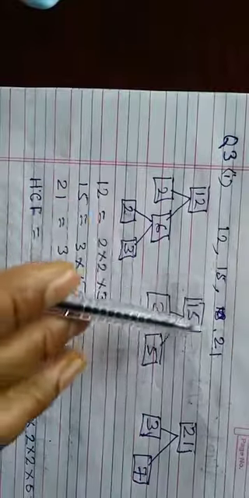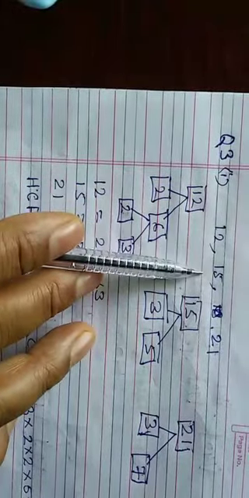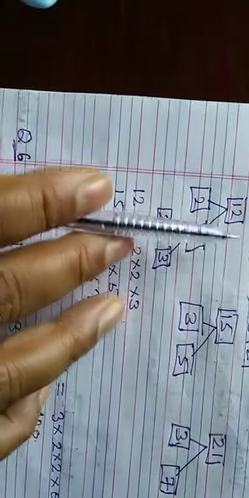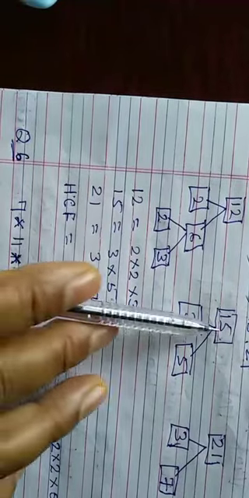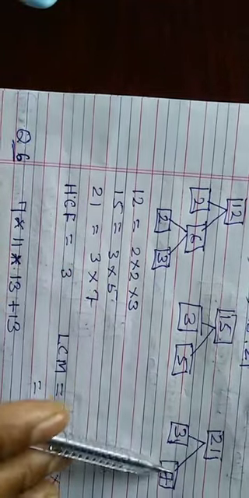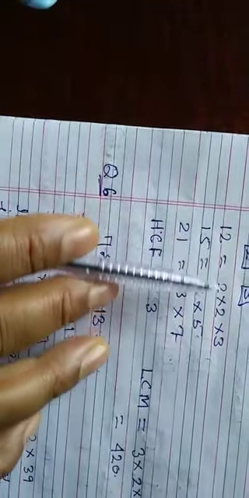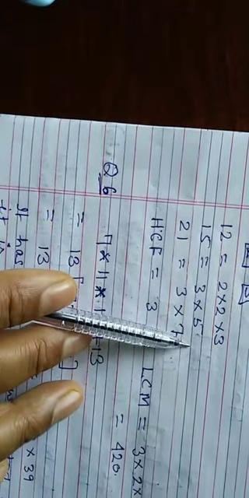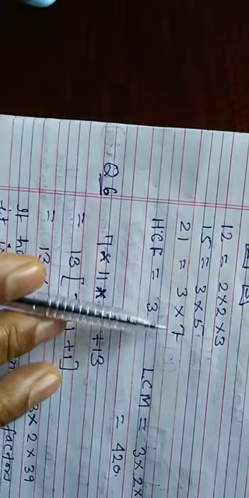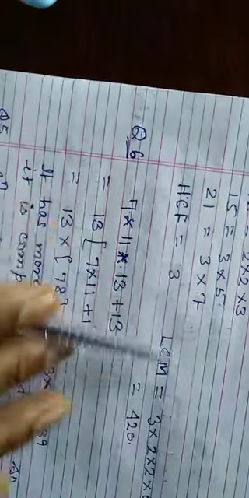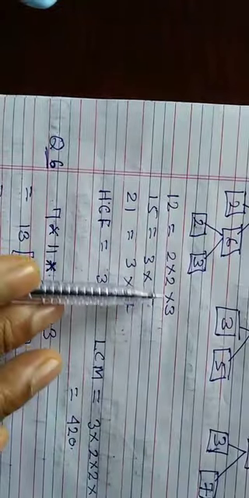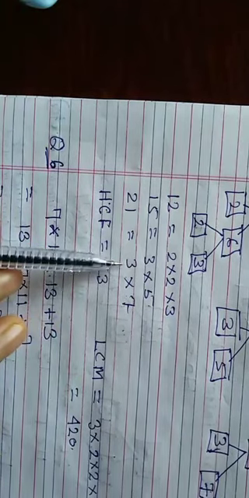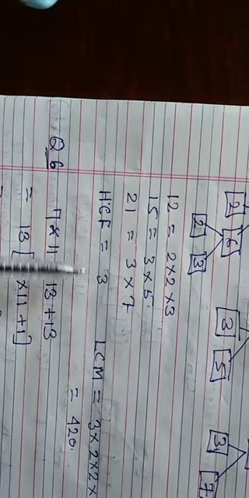Now see the LCM and HCF of three numbers 12, 15 and 21. We have the prime factorization like this. 12 is equal to 2 into 2 into 3, 15 is equal to 3 into 5, and 21 is equal to 3 into 7. So what is HCF? Find out the common factor. In all these three we have 3 common, so HCF is 3.